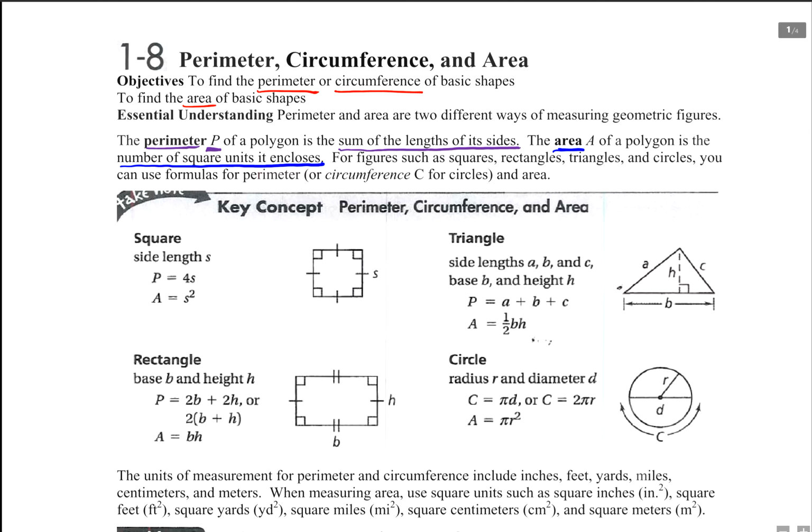Now, I prefer to look at area, and this is a good idea for you. Area is always base times height. So you notice here that a square and a rectangle have the same formula. It's the length of the base times the length of the height.